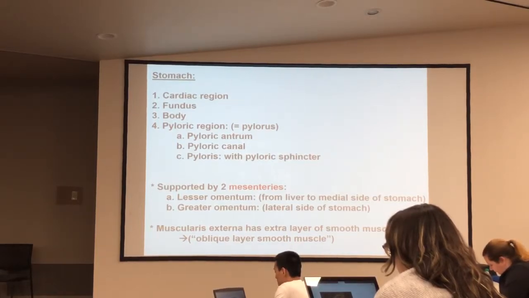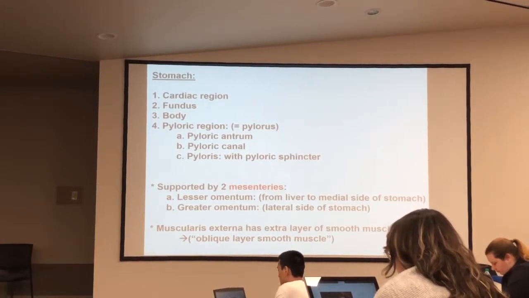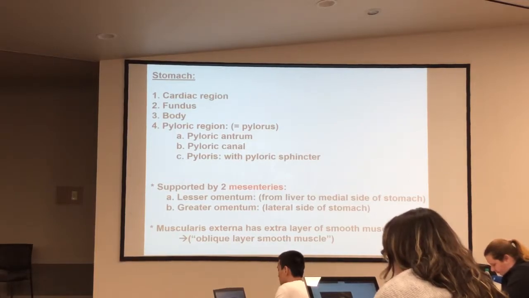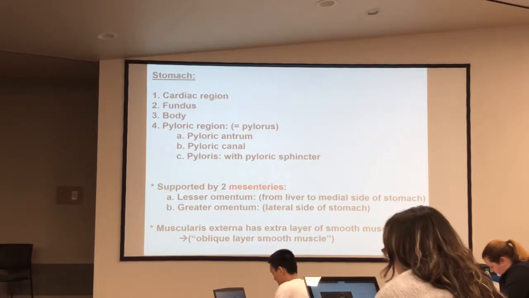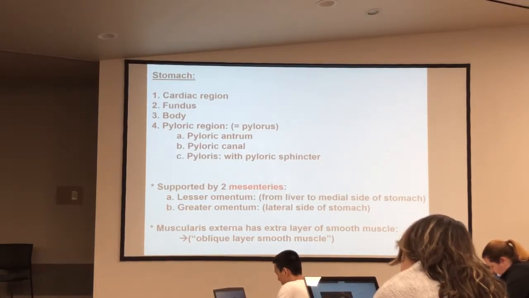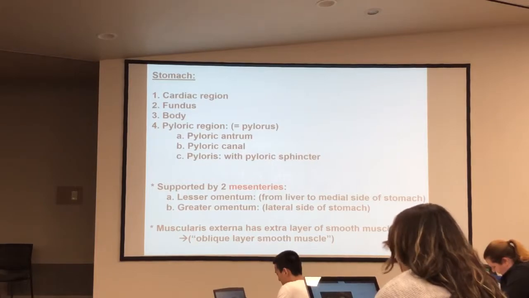And why we need this oblique muscle is because the circular muscle contracts this way, and the longitudinal muscle goes that way. The mixing of the stomach needs another force, called oblique. And so when they contract, they can move at all angles. Okay.